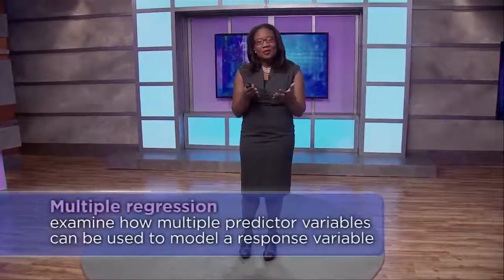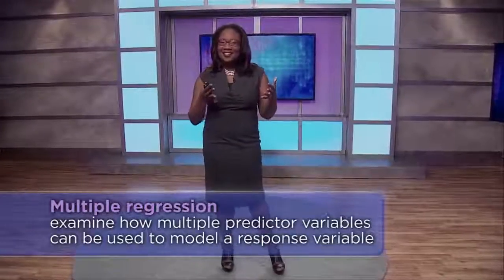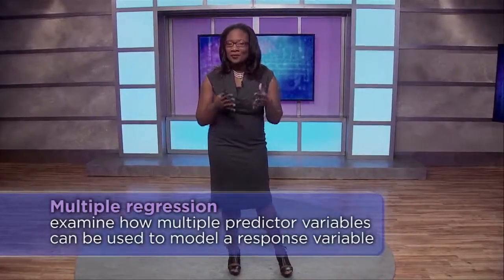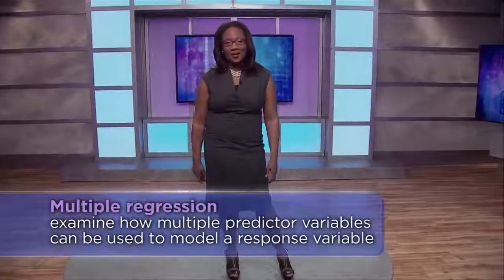Now, while these are useful in the case where we only have two variables, it's more often that we're going to have to work with data that has multiple predictors. So multiple regression is a statistical tool that's going to let us examine how multiple predictor variables can be used to model a response variable.